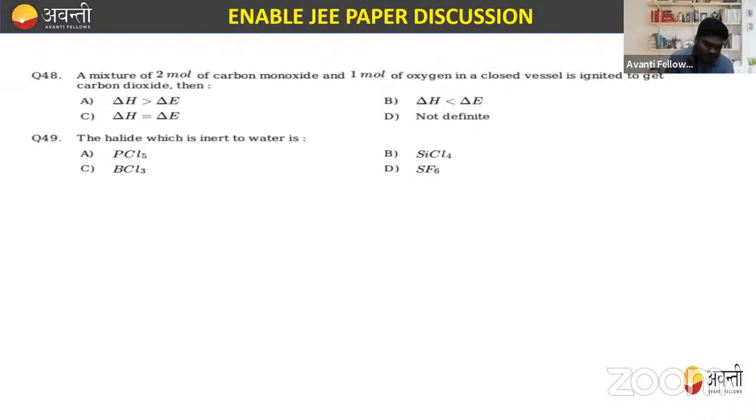Next, moving to question number 48. A mixture of 2 mole of carbon monoxide and 1 mole of oxygen in a closed vessel is ignited to get carbon dioxide. Now you have to identify whether delta H is equal to delta E, or greater than, or less than, or none of the above. So first of all, let me write the equation for this question.